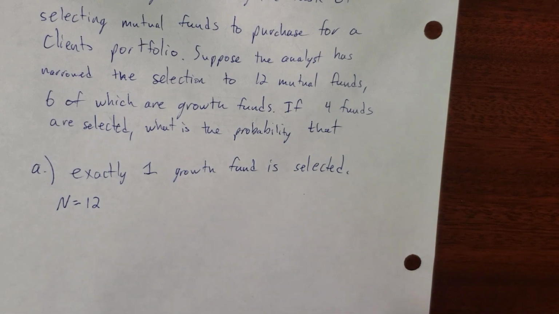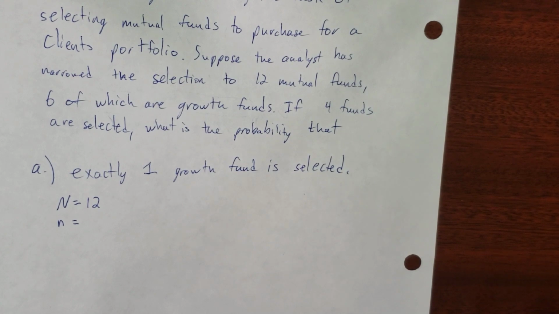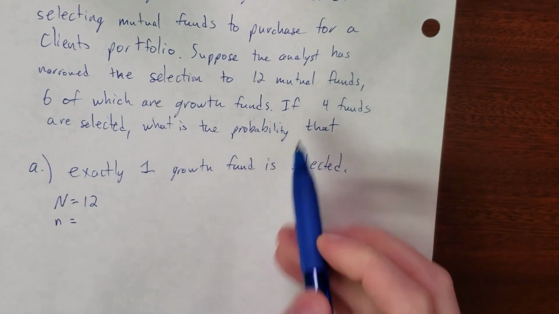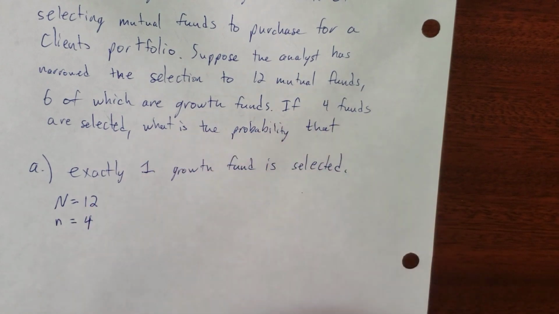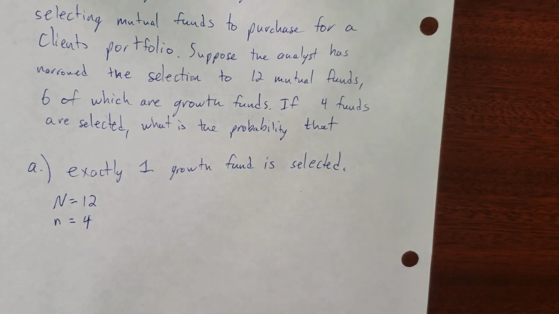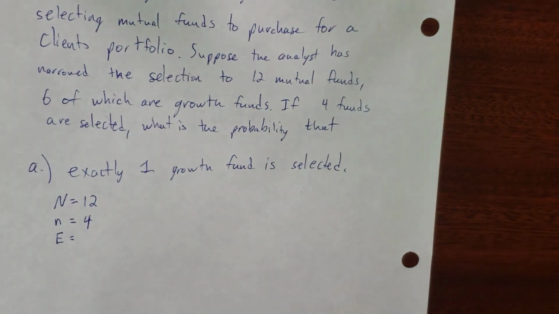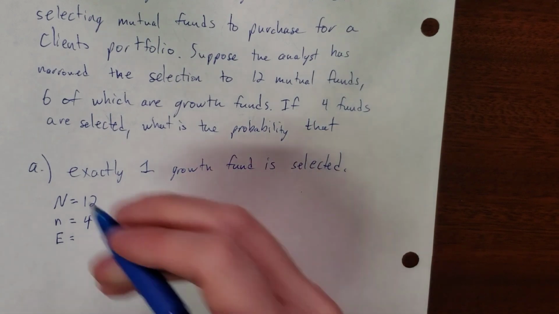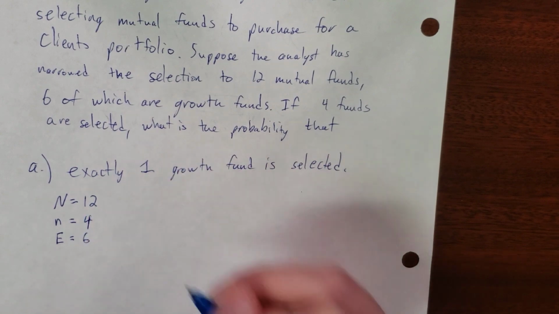Then, what is lowercase n? Lowercase n is our sample size, the size that we're actually choosing. Well, this would be 4 funds are selected, so we're actually choosing 4 funds. What is our capital E? That is the number of growth funds in the population, which is 6.